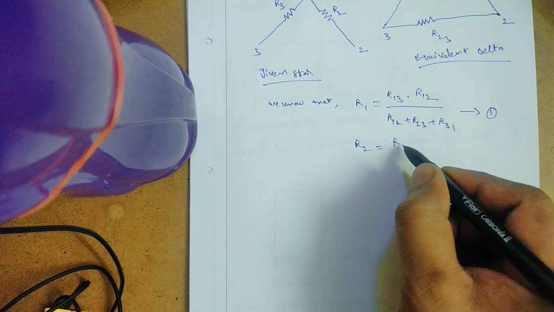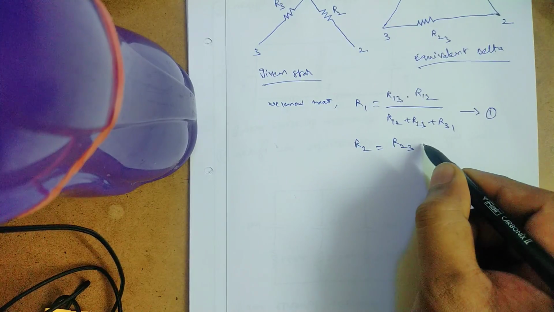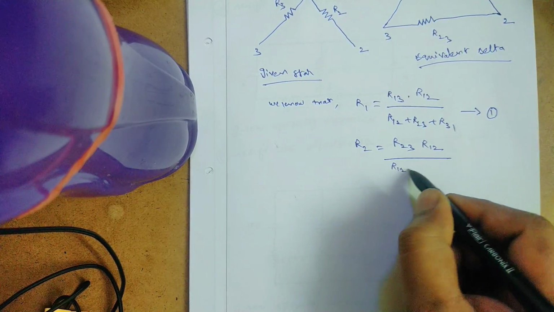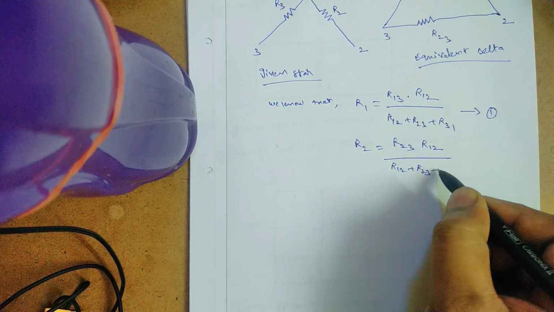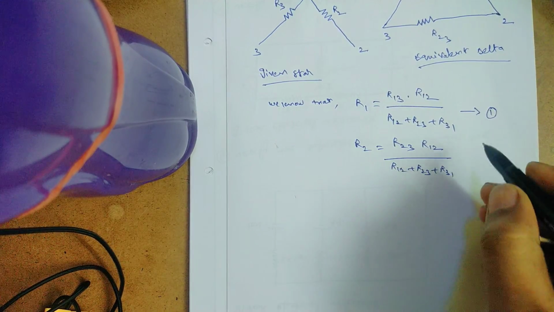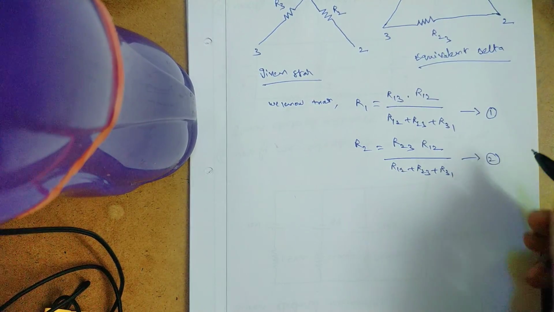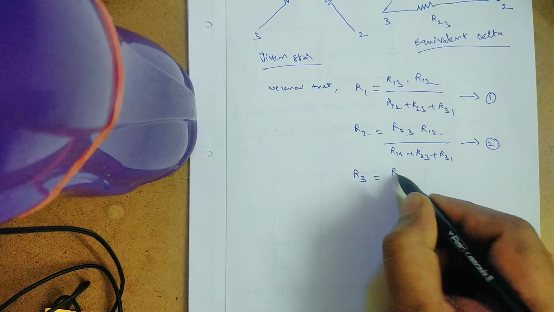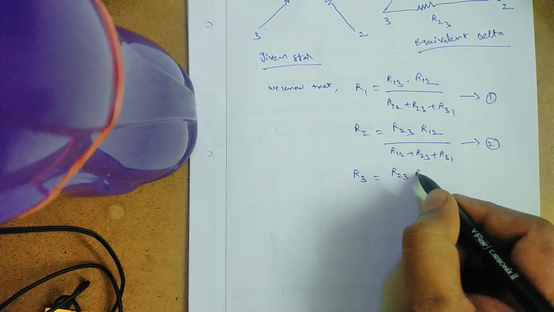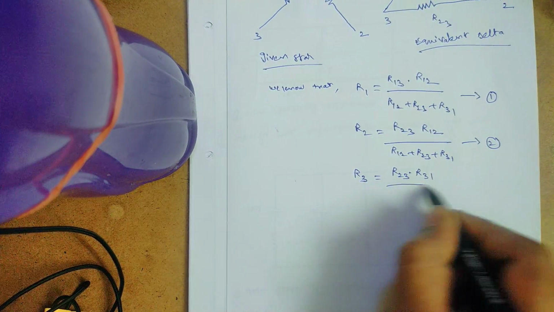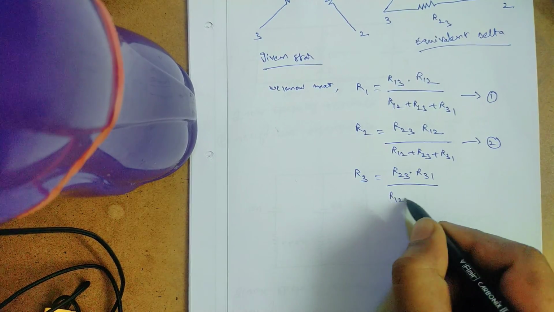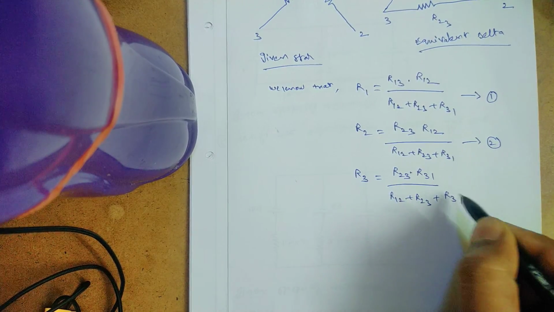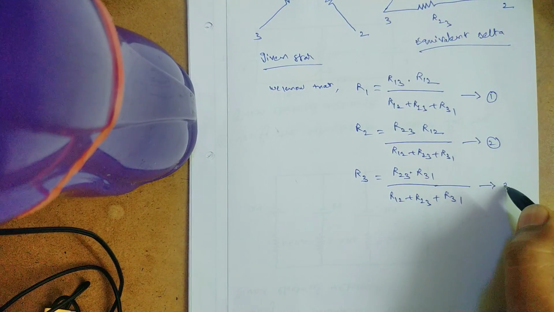R2 is equal to R23 into R12 by R12 plus R23 plus R31. This is expression number 2. And R3 is equal to R23 into R31 by R12 plus R23 plus R31. This is expression number 3.